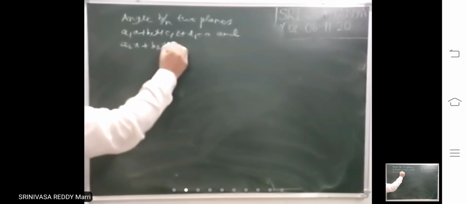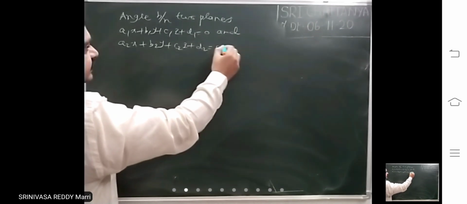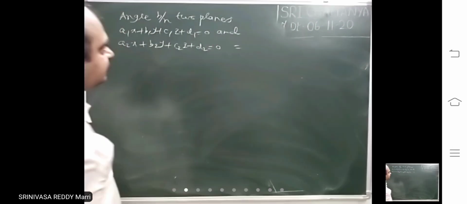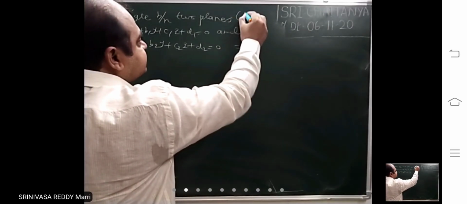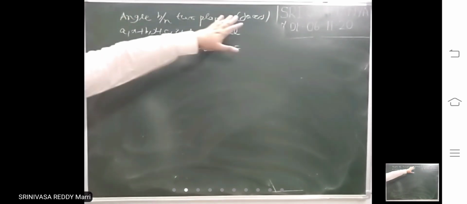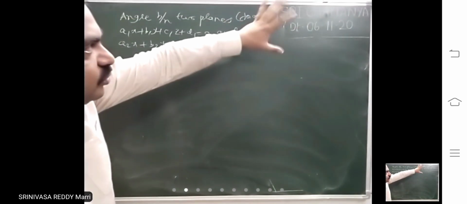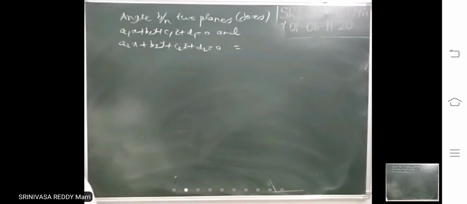A2x plus B2y plus C2z plus D2 equals 0. If any two planes are there, two planes are two faces, whatever it may be. For a tetrahedron, faces will be there. Those are two planes. Two planes means two faces, whose equations are these.